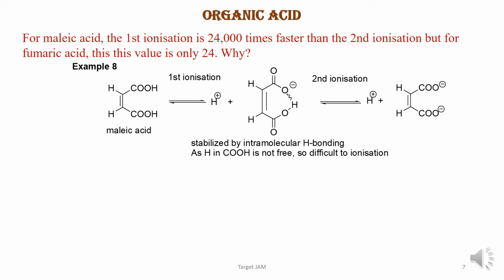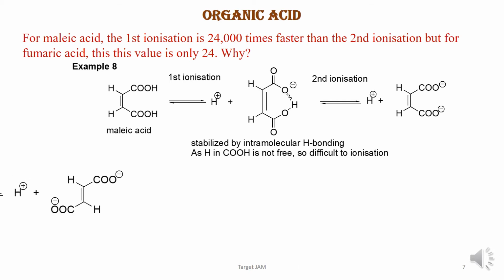And that's why after first ionization, the conjugate base is stabilized by intramolecular hydrogen bonding, and as the hydrogen in the COOH group is not free, it is difficult to ionize, and that's why its second ionization is much slower than the first ionization.